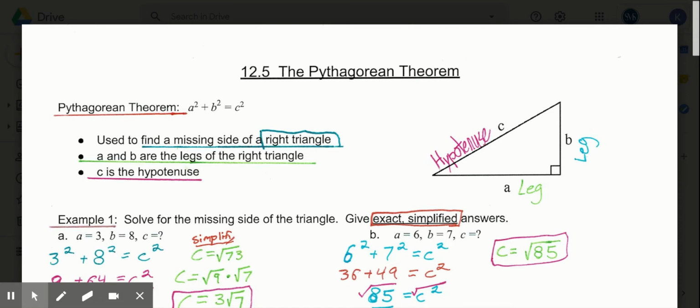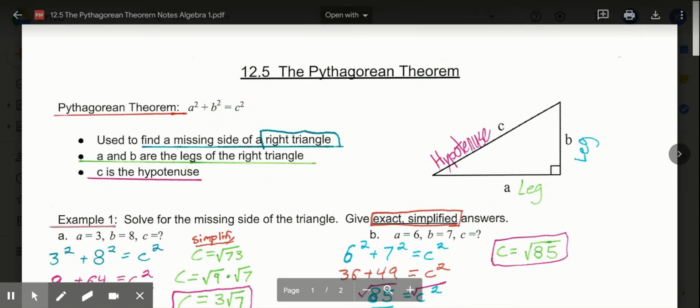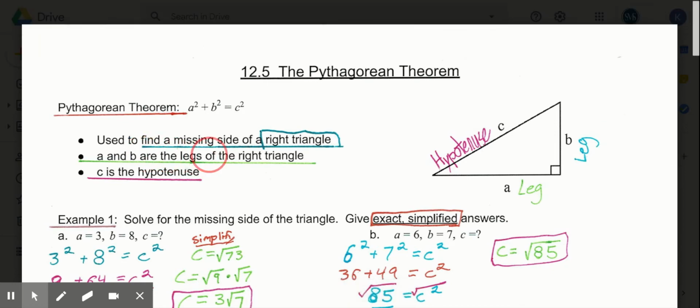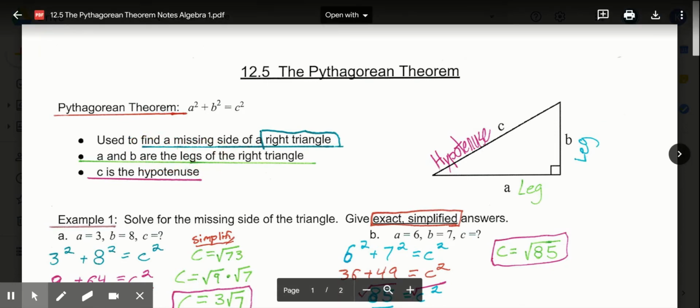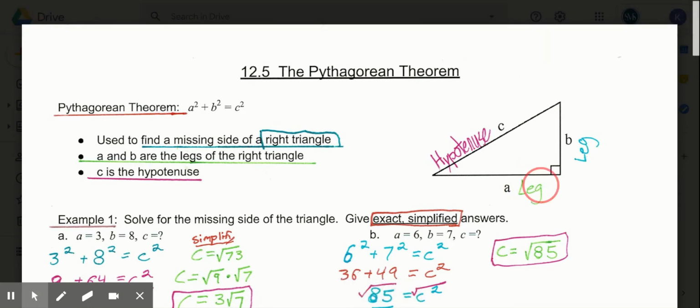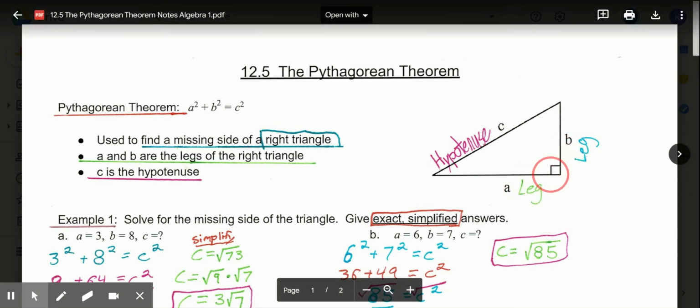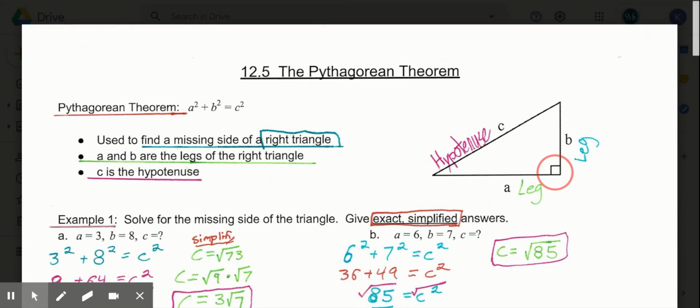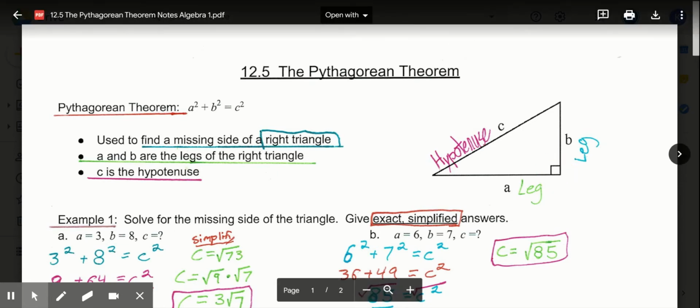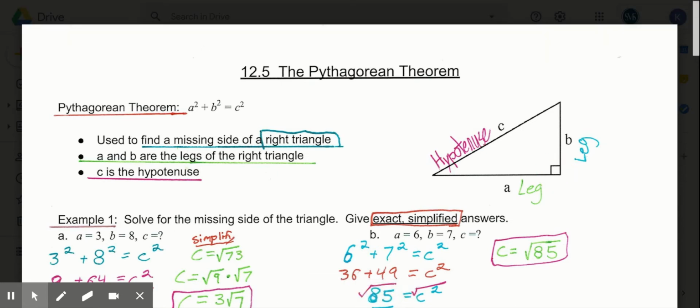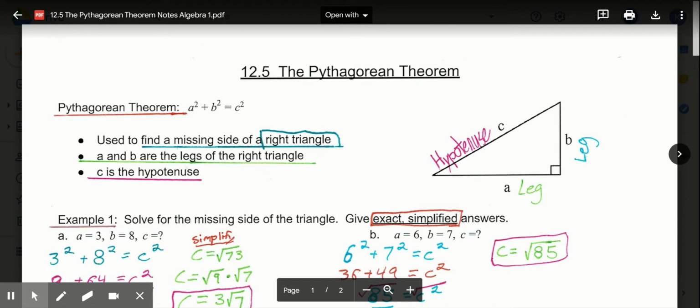In the Pythagorean theorem, which is written as a squared plus b squared equals c squared, a and b are always the legs of the right triangle. The legs of a right triangle are the two sides that meet at 90 degrees.